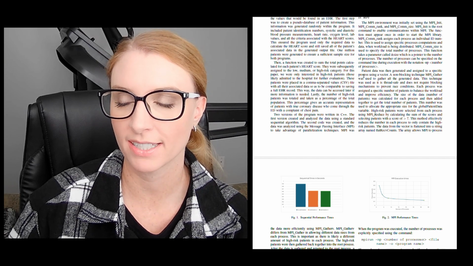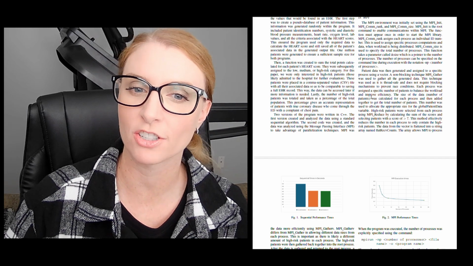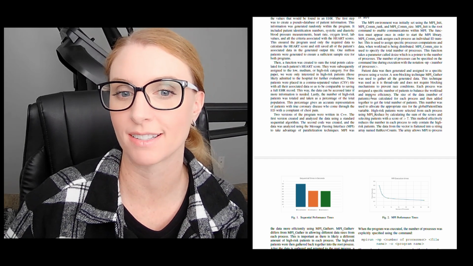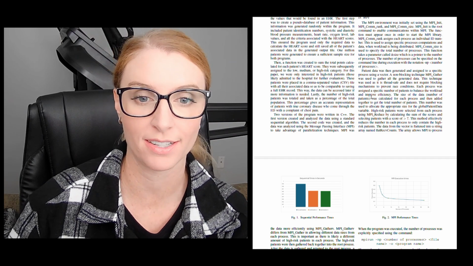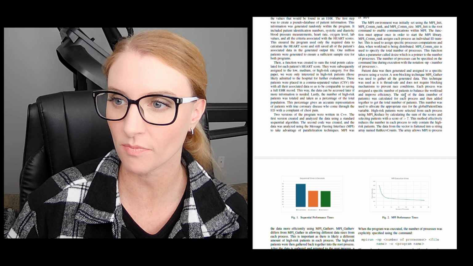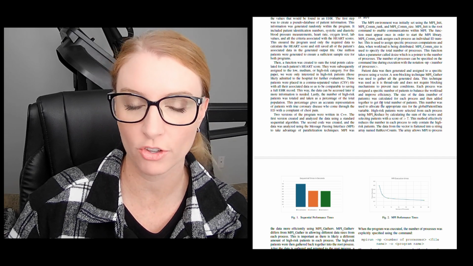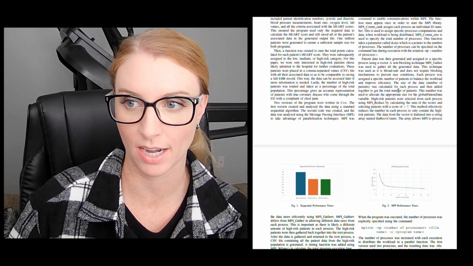I used a non-blocking technique, MPI gather, because there weren't any race conditions that I was worried about with this code, since they were all being generated separately and then gathered back at the end to the root process. So initially, MPI gather was used to gather all the generated data that each process generated for its specific number of patients.